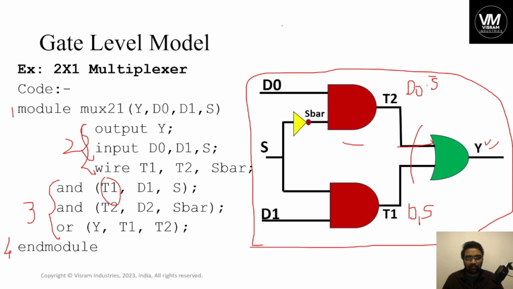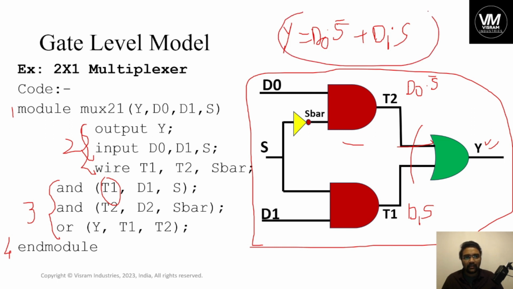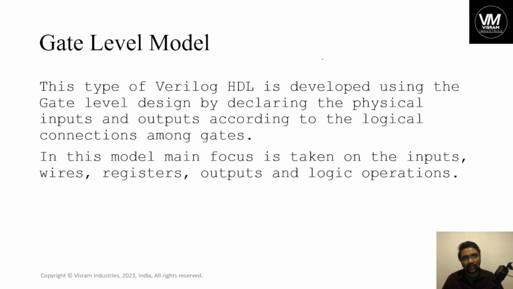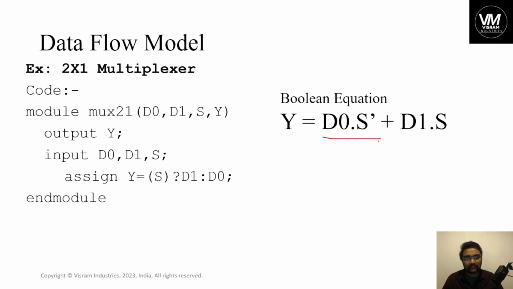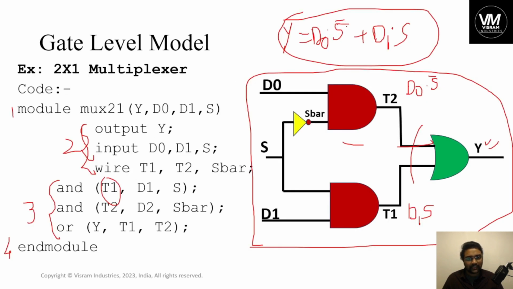So again, Y is nothing but D0 dot S bar plus D1 into S. If you can see this, it is the Boolean equation: D0 dot S bar plus D1 dot S. So hence we are achieving the same functionality.